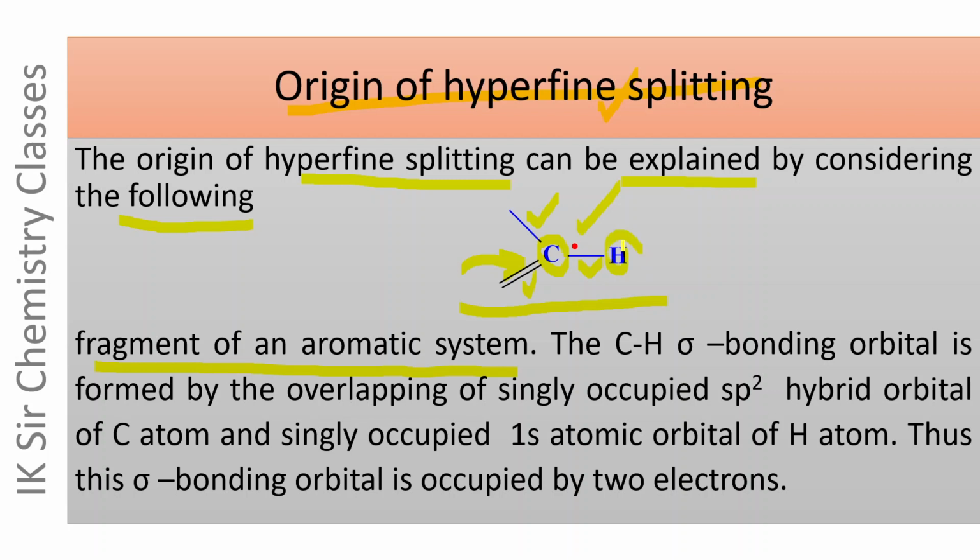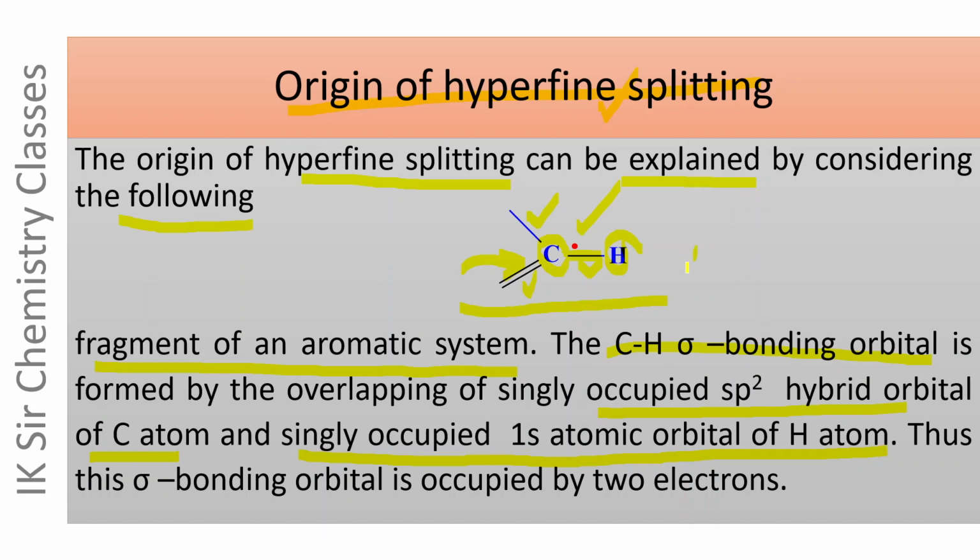atom. The CH bonding orbital is formed by the overlapping of a singly occupied sp2 hybrid orbital of the carbon atom and a singly occupied 1s atomic orbital of the hydrogen atom.